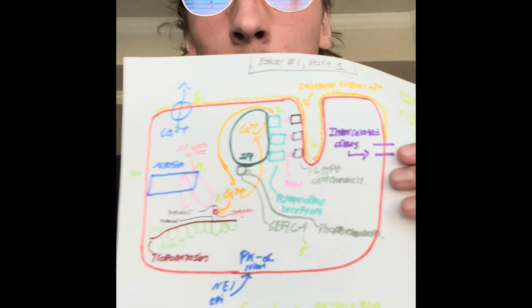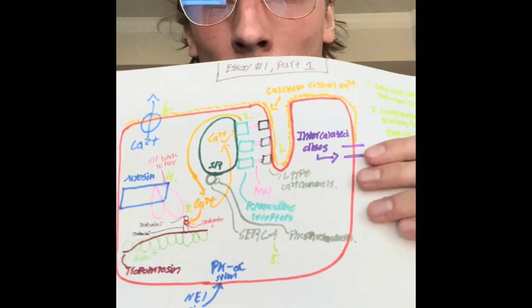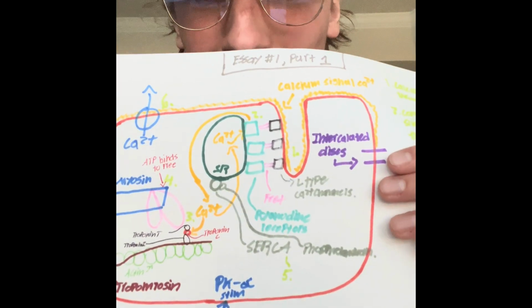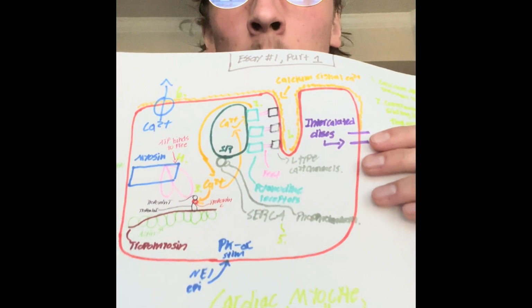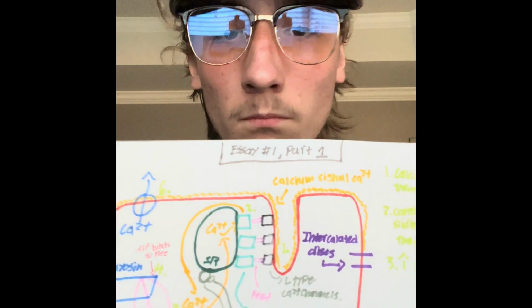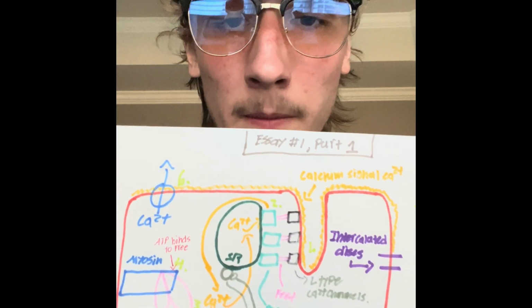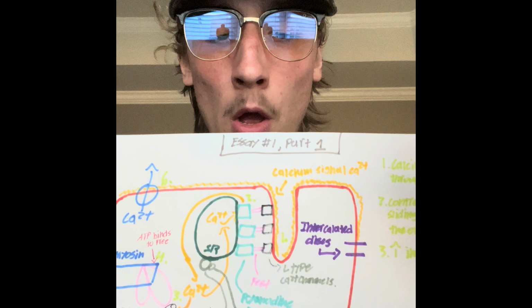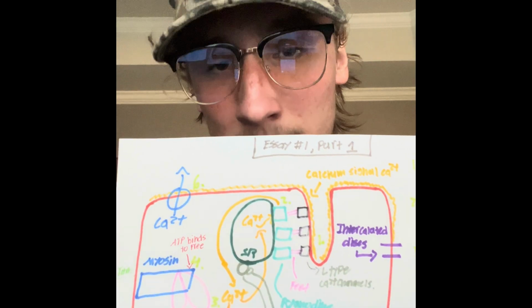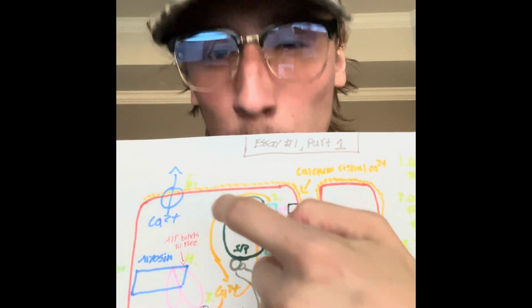So look here with me. Cardiac means heart. Myo means muscle, cyte means cell. So we're looking at a heart muscle cell, okay? And look here. The really cool thing here is you see the beginning of this yellow squiggly line?